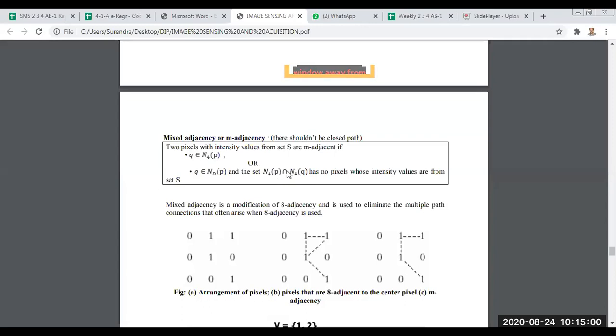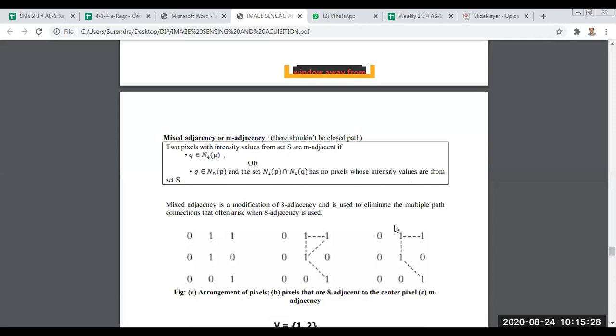N4 of P intersection N4 of Q has no pixels whose intensity values are from set S. So this portion must have no pixel values. That means in mixed adjacency, we have to execute the first one: Q belongs to N4 of P, or otherwise Q belongs to ND of P, and N4 of P intersection N4 of Q has no pixels whose intensity values are from set S.